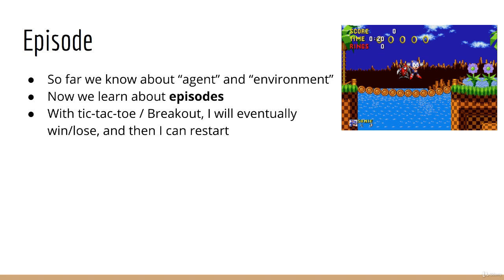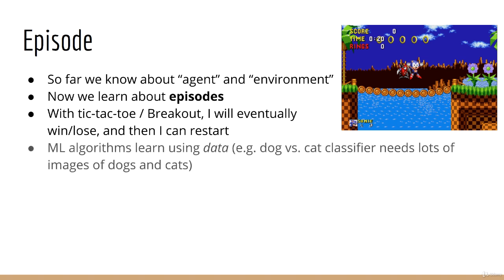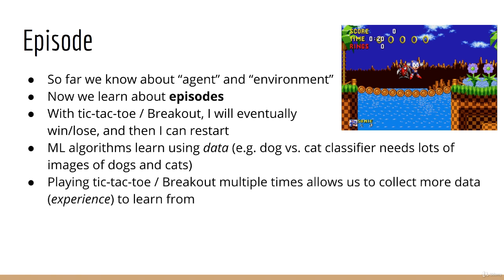Now we know that with learning algorithms, the way that they learn is with data. So if you're training a dog versus cat classifier, you'll need lots of labeled images of dogs and cats. Similarly, with tic-tac-toe or breakout, once the game is over, I can opt to play again. This is the method through which I will gain experience, or to be more technical, data.